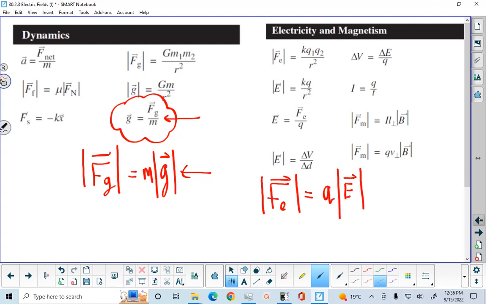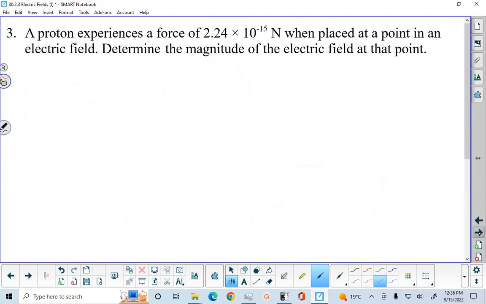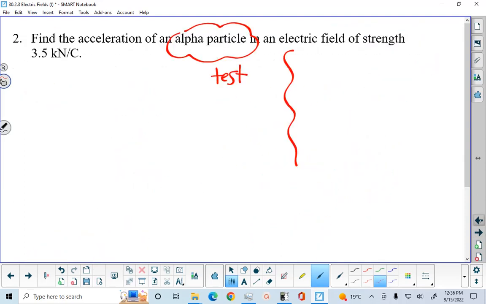And although this formula that I've written is just a variation of that which is on your formula sheet, I think that this one that I've written is more memorable and useful. In our example, number 2, the force on that alpha particle will be equal to Q times the electric field strength.